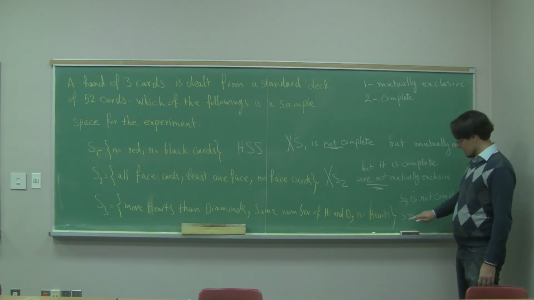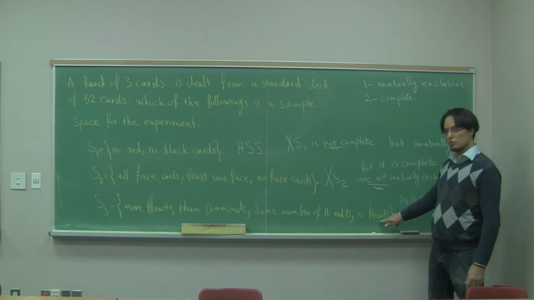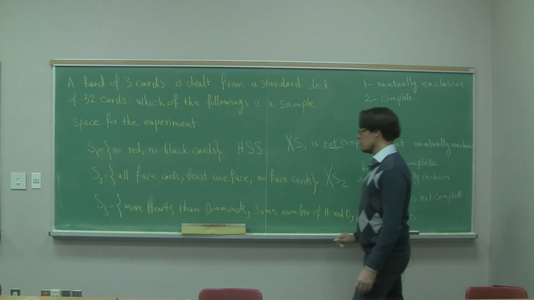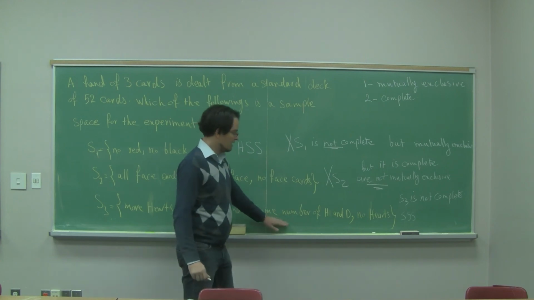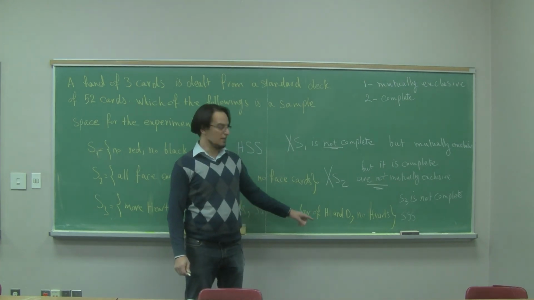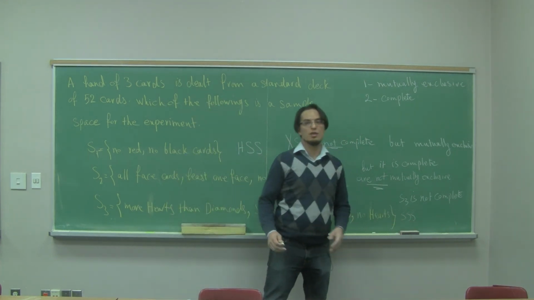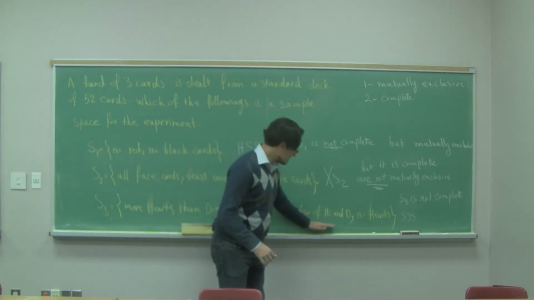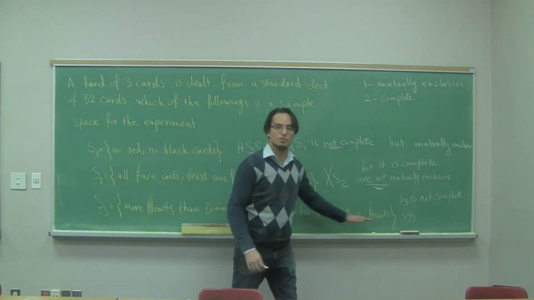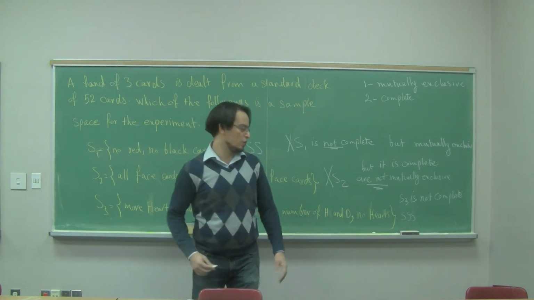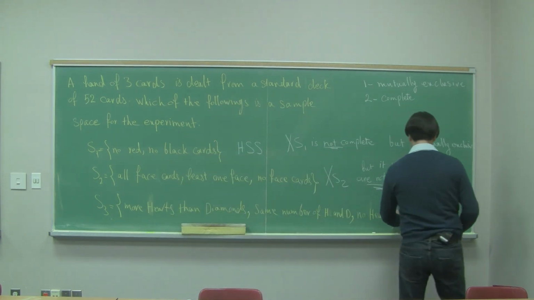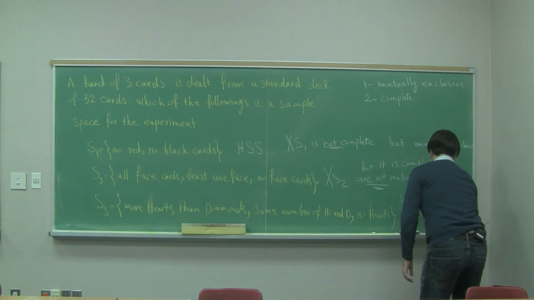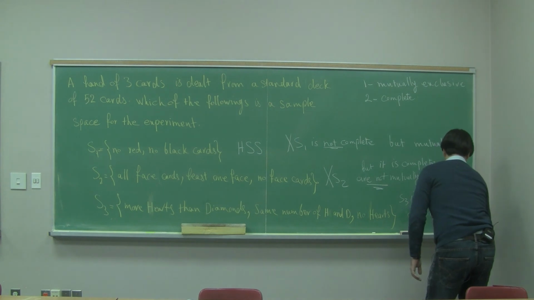So 3 spades is included here because it has no hearts. It also is included here because the hand has no diamonds and no hearts. So this and that, these two have an intersection. So S3 is not complete and the outcomes are not mutually exclusive.